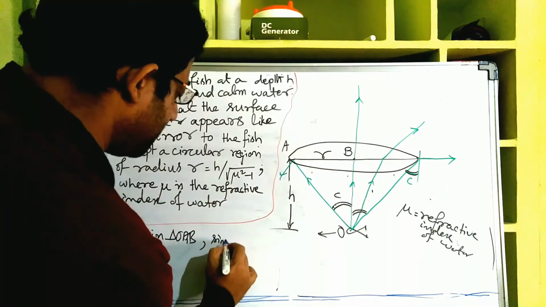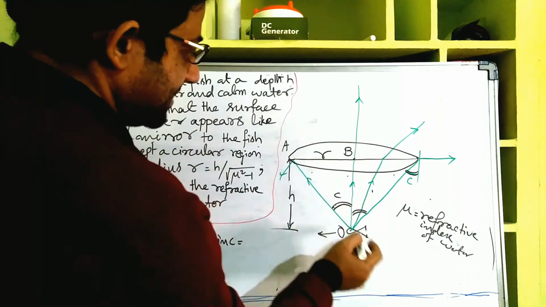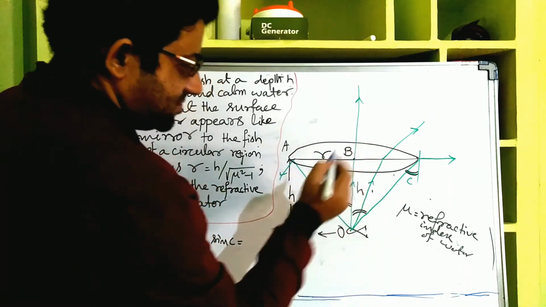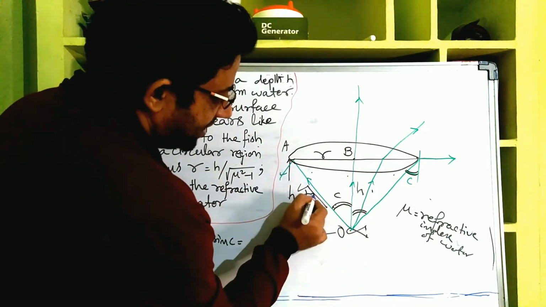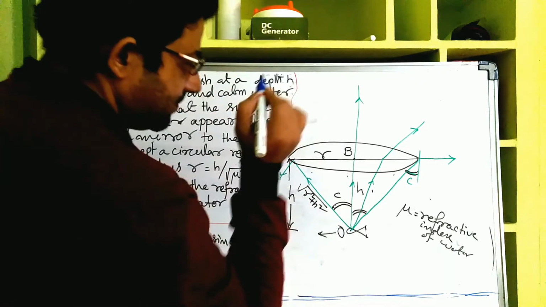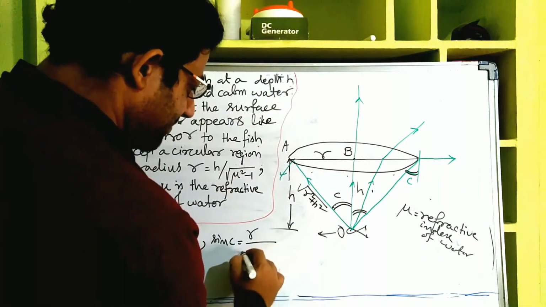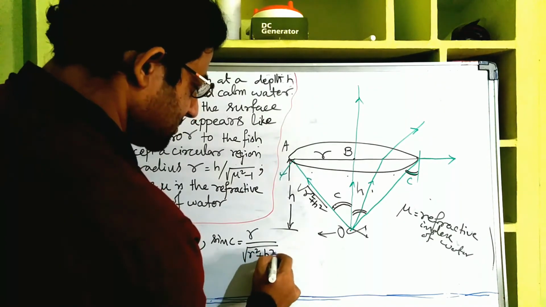sin C is equal to how much? Sin C is equal to P by H. Now see, this OB is the depth, which is given to be H in the question. So OA will be equal to root under R square plus H square. Yes or no? So sin C is equal to R divided by root under R square plus H square.